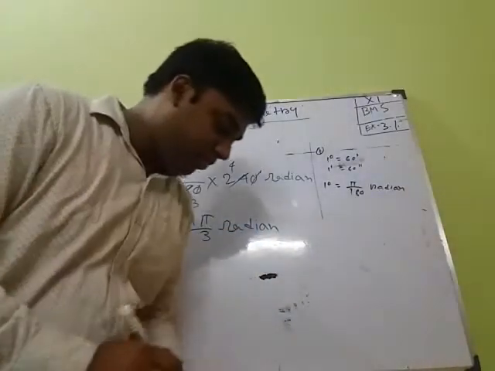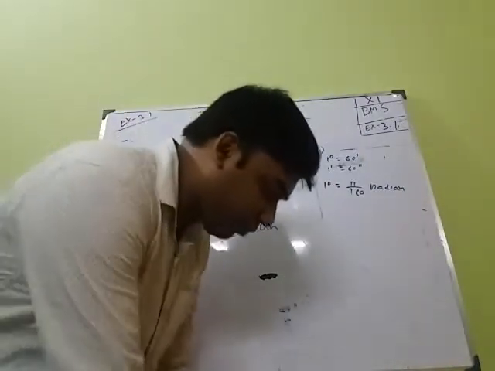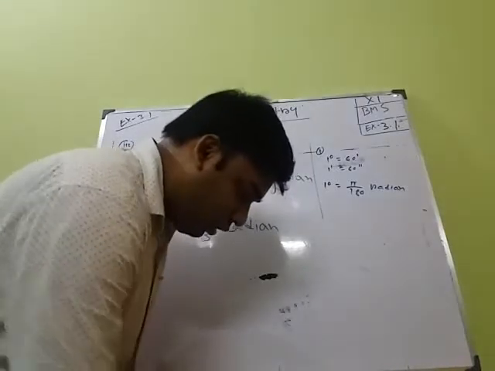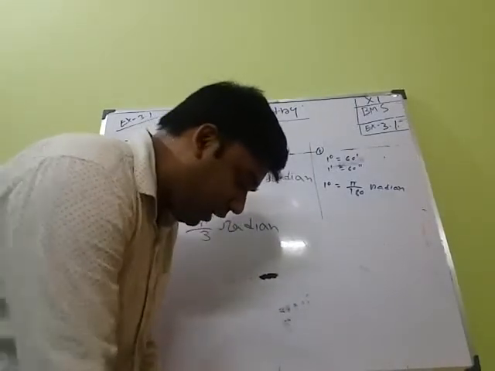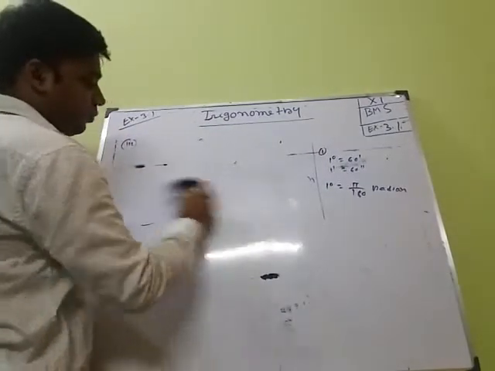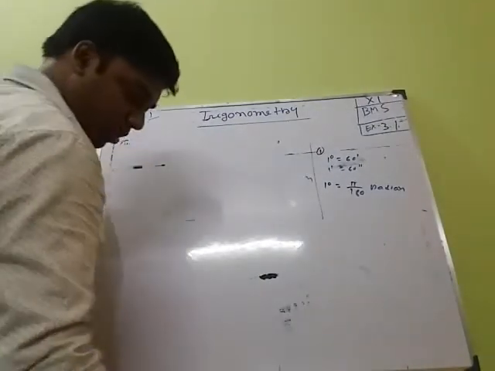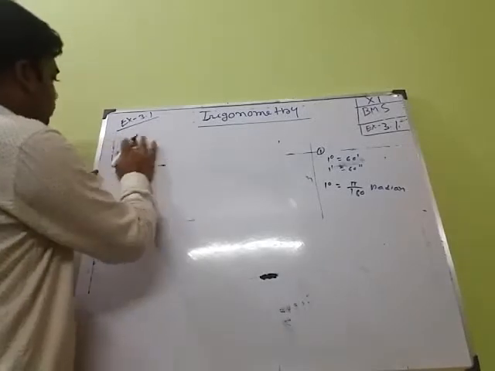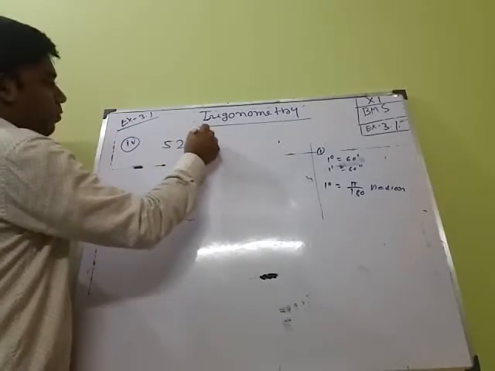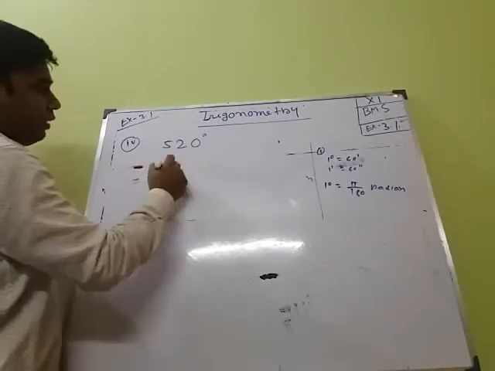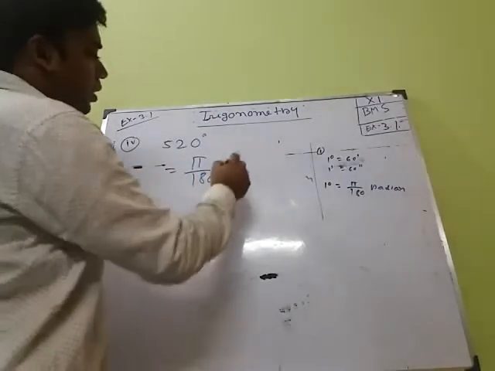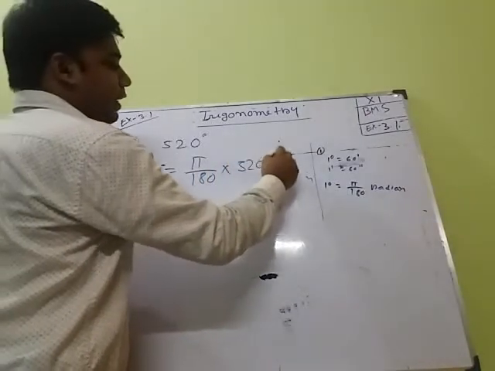Now the next sum, sum number 4, 520 degree. So 520 degree means pi by 180 into 520 radian.